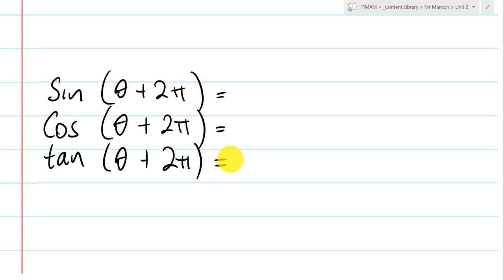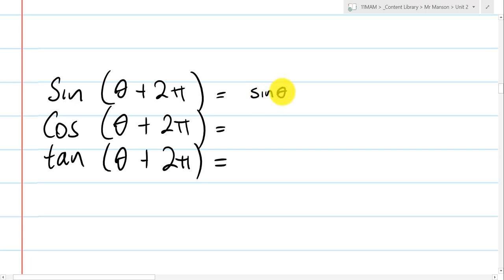Anybody got any thoughts on what point I'm trying to make loosely? No matter, as long as you're on the same point in the end, it doesn't change. So 2 pi is just a 360 rotation. Yep. So you always end up on the same point. So you'll be at the same point as just theta? Yes. So can everybody see that this will be the same as just sine of theta, whatever theta is?